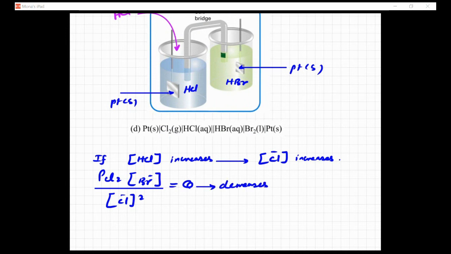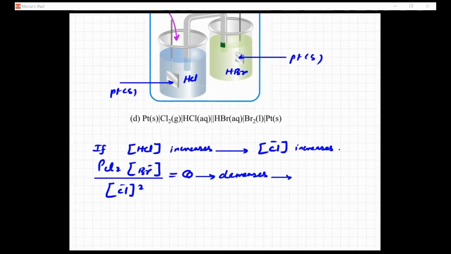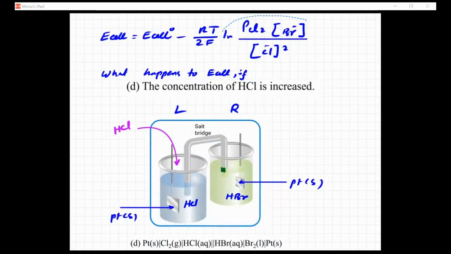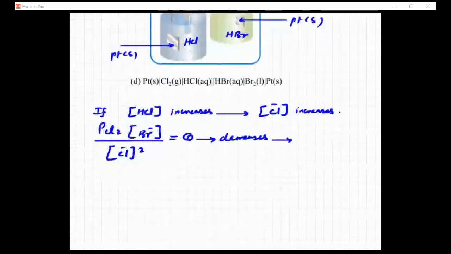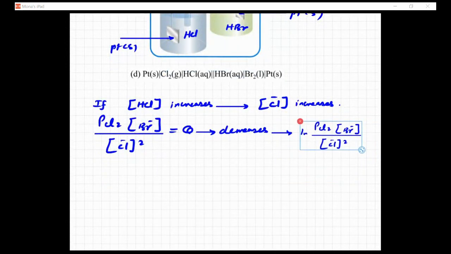Then, as you said, Arwa, this also decreases. Let me just make it clear. So this also decreases. Fine?